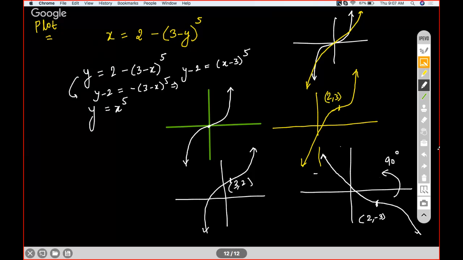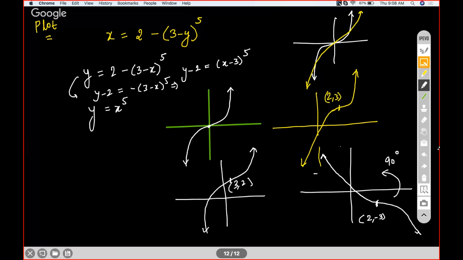I don't know where I went wrong. Actually, can I tell you what I did, and can you tell me what I did wrong? So first I just swapped those two.